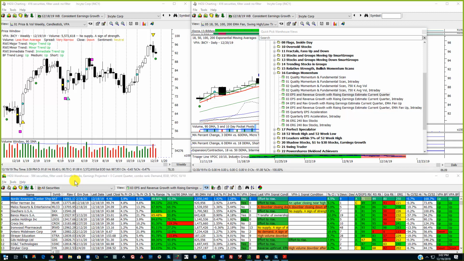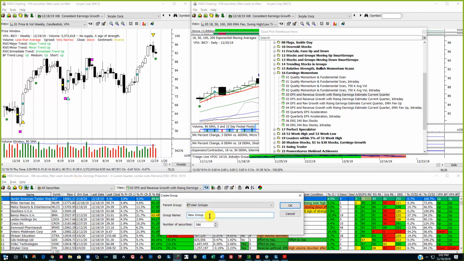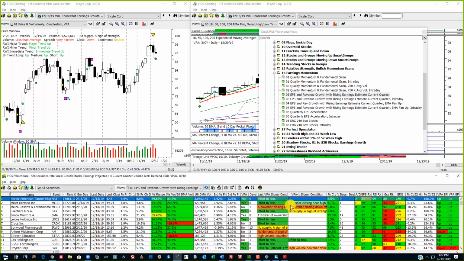I'm going to use my alternate G keys. EPS and rev growth estimates positive, just so I know where I am. I think somebody came in late. Here's the PDF file.